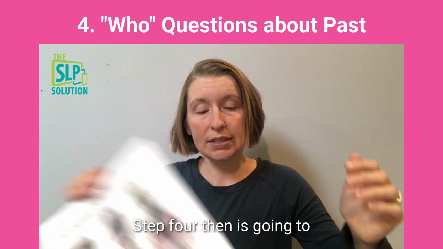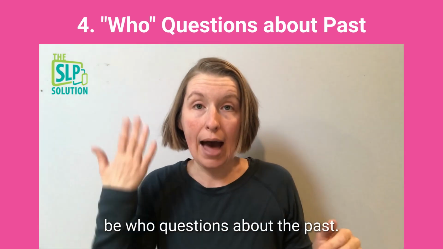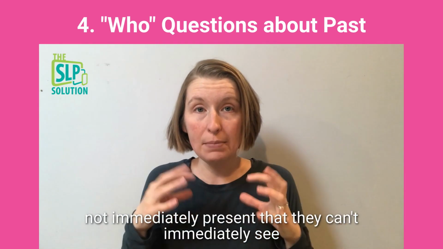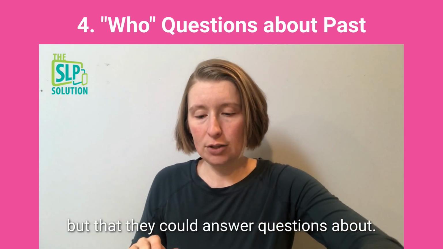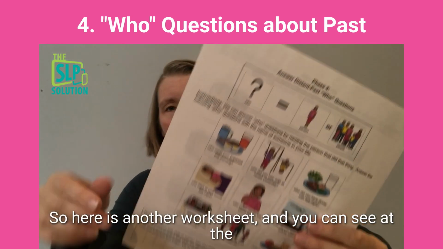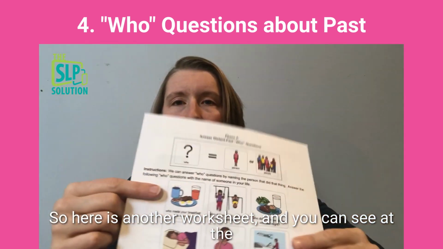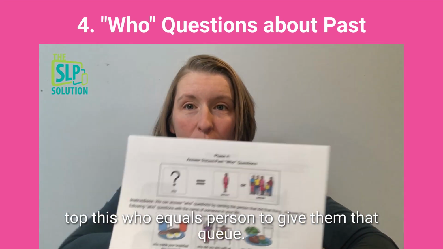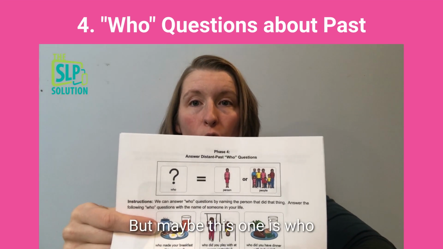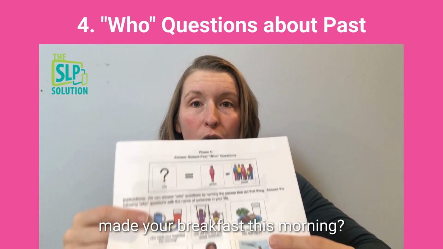Step four then is going to be who questions about the past. So now we're talking about things that are not immediately present, that they can't immediately see, but that they could answer questions about. So here is another worksheet, and you can see at the top this who equals person to give them that cue. But maybe this one is, who made your breakfast this morning?